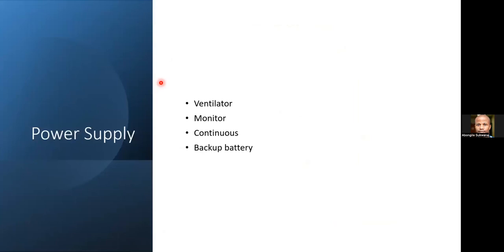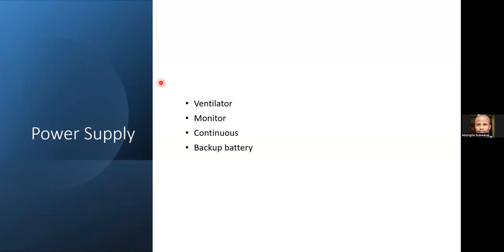So the power supply for our anesthetic machines is responsible for the ventilator part and for the monitor part, and it has to be continuous. You have to have a backup battery that can last for at least 45 minutes and above, so that if there's a power outage or power failure, while you're trying to sort out the patient, you don't struggle.